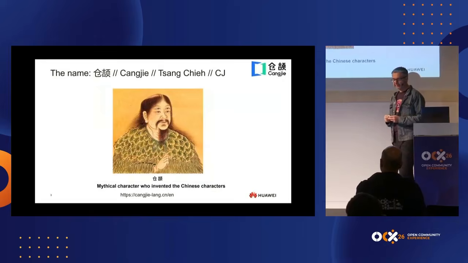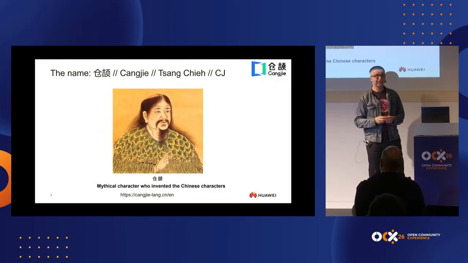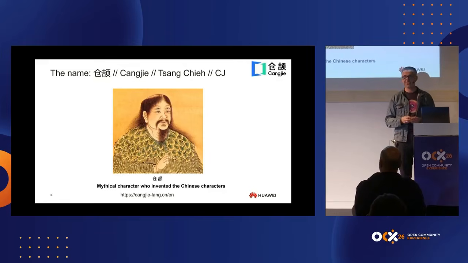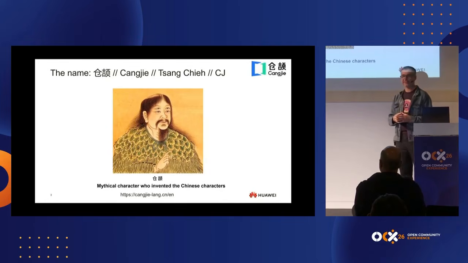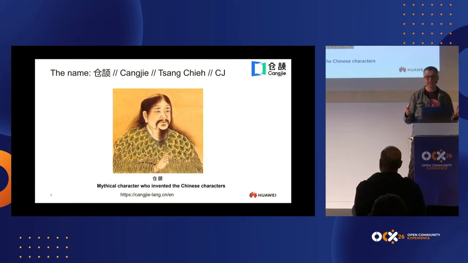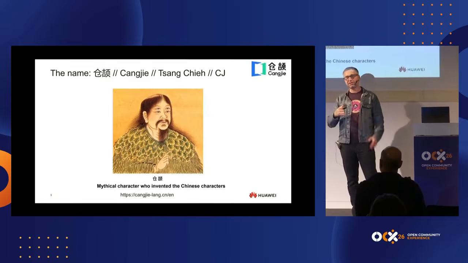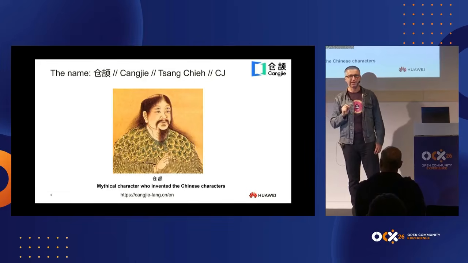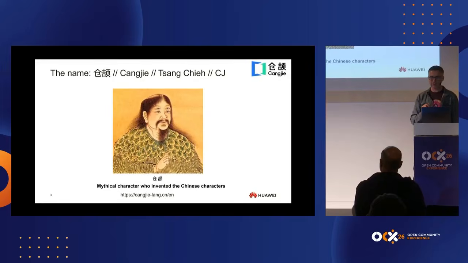The name Cangjie comes from a mythical character who is the inventor of the Chinese script. It's not very easy to pronounce in English, so sometimes we refer to the language as CJ, which sounds more palatable to English speakers, and it also matches the file extension when you write such a program.